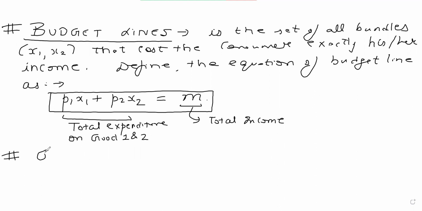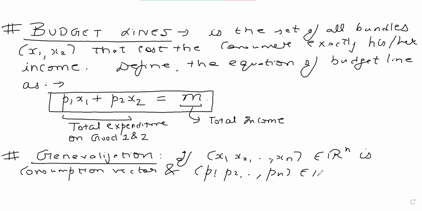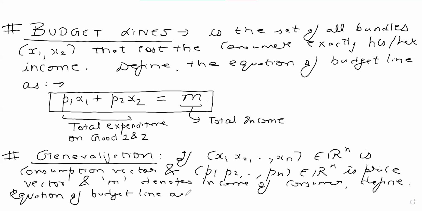I can write the generalization. Okay, so I can say that if again (x1, x2, ..., xn) belonging to the Rn space is the consumption vector, and (P1, P2, ..., Pn) belonging to the Rn space is the price vector, and M denotes the income of the consumer, then define the equation of the budget line as P1x1 plus P2x2 plus dot dot dot Pnxn exactly equal to the income.